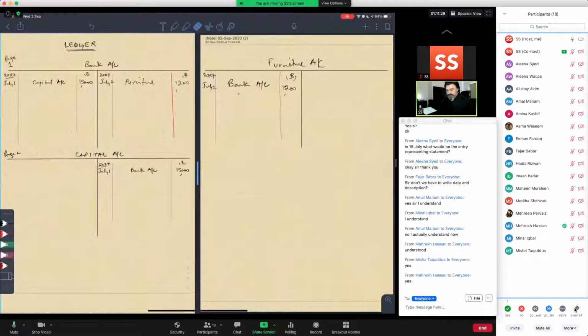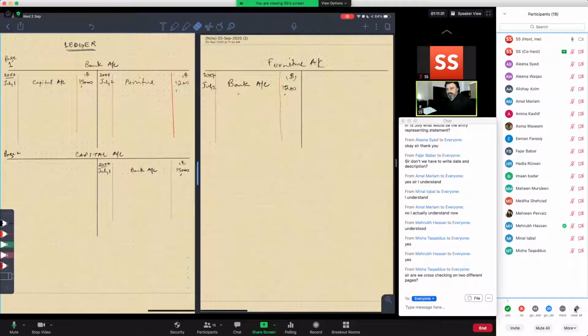Sir, are we cross-checking on two different pages? Yeah, basically you are making accounts in your notebook one after the other, right? So basically cross reference simply means that you have to give the reference of the other account which was involved in the transaction.